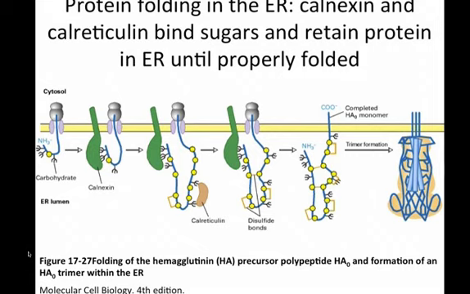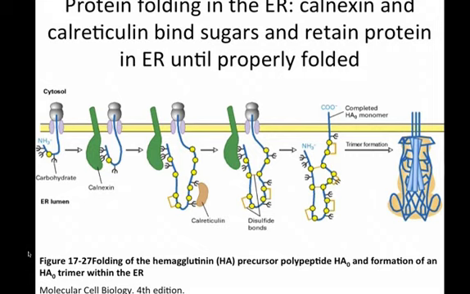But hemagglutinin, they talk about H1N1 and all that. That's the H is for hemagglutinin, which is a receptor envelope protein for the influenza virus. And so it's made in the ER, right? Does the flu virus have an ER? What ER are we talking about? RER. They're hijacking RER for their proteins. And so it's a trimer.